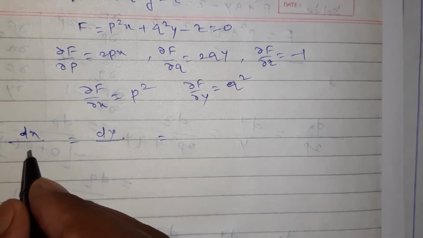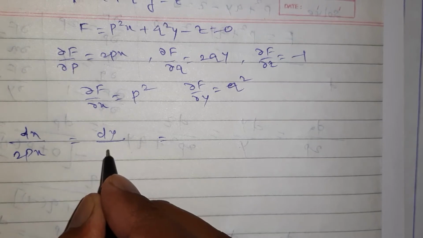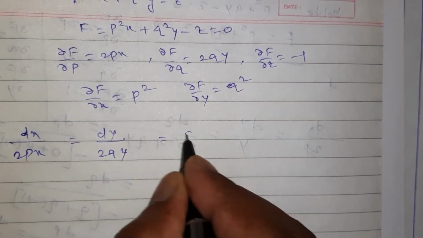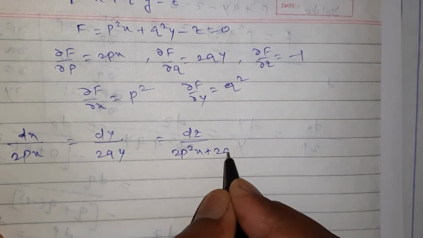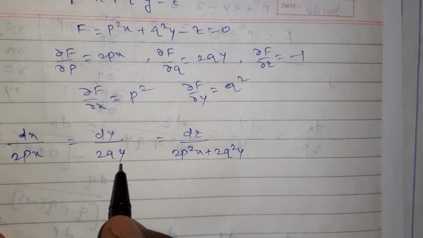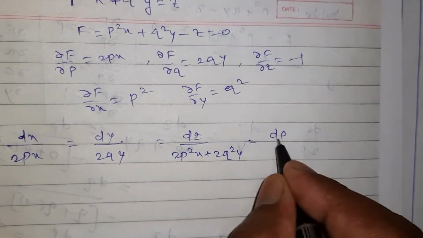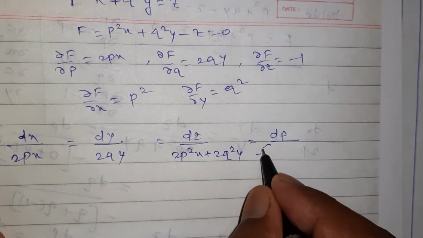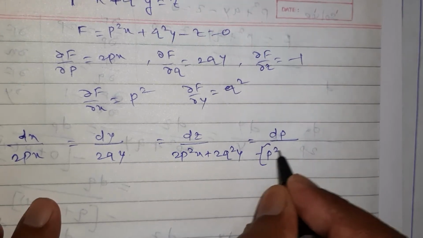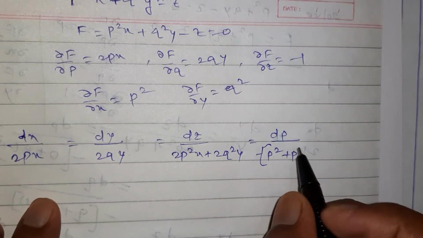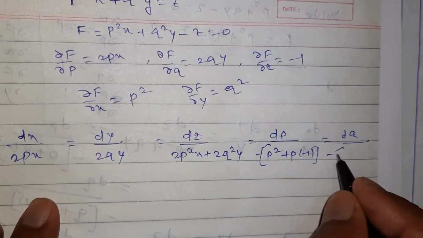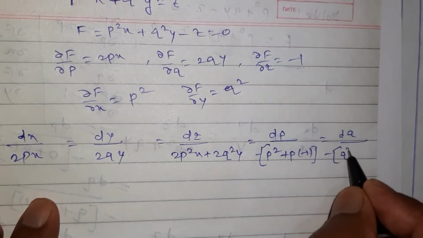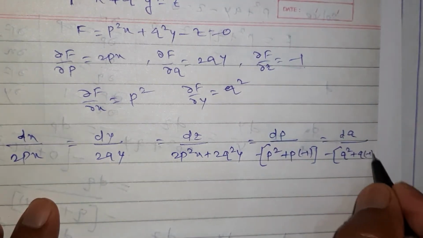Therefore dx upon dou f by dou p, it is 2px. dy upon dou f by dou q, that is 2qy. dz upon p dou f by dou p plus q dou f by dou q, means 2p square x plus 2q square y, is equal to dp upon minus dou f by dou x, what is dou f by dou x? p square, plus p into dou f by dou z, which is minus 1, is equal to dq upon minus dou f by dou y, that is q square, plus q into dou f by dou z, which is minus 1.